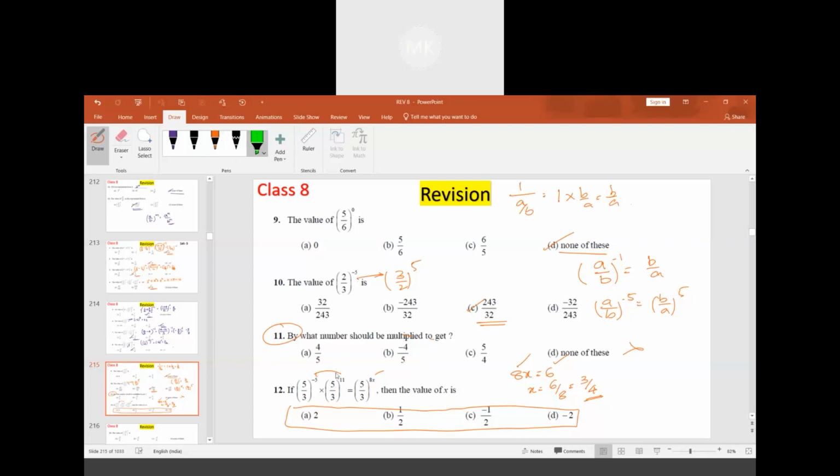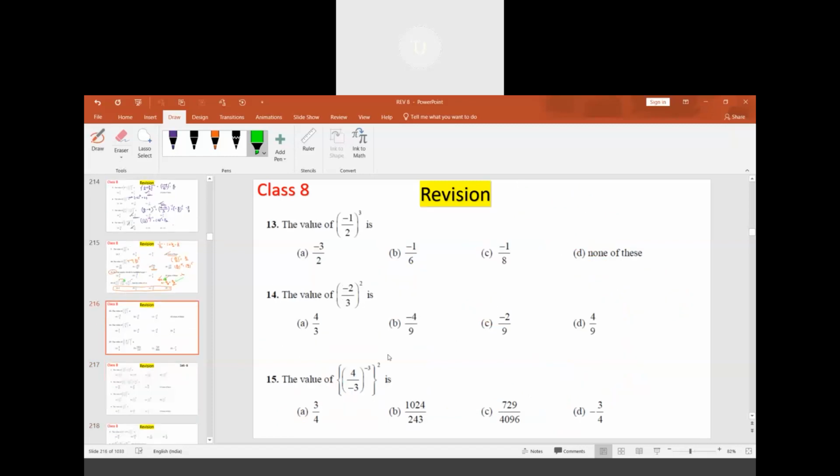In the question they have given positive 11, so the answer is 3 by 4. If it were minus 11, then minus 3 by 4 would have been correct. According to this question, 3 by 4 is correct.